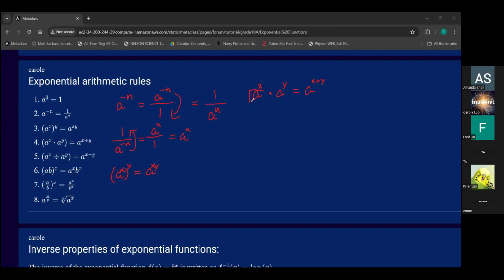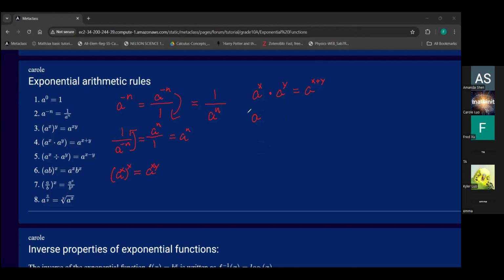In this case both are a, so this works. If it were a to the power of x times b to the power of y, this rule will not apply because a and b are not the same.